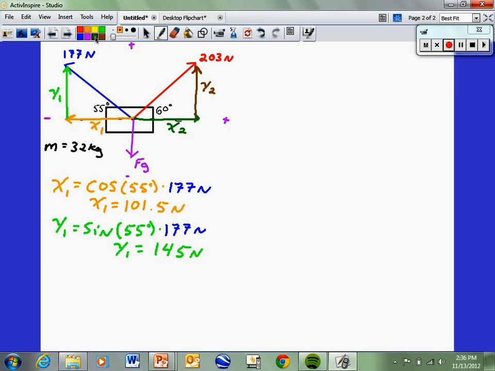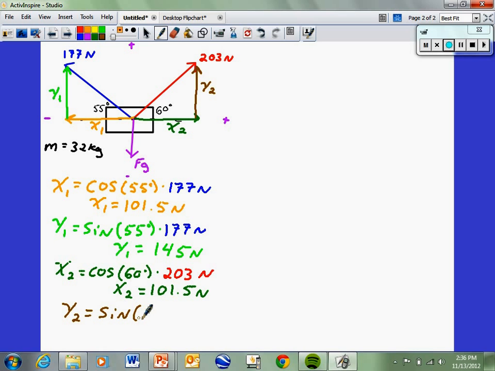x2 is the adjacent side of the triangle. So x2 is cosine. This time the angle is 60 degrees, and the hypotenuse is 203 newtons. When I plug that into my calculator, I get that x2 is 101.5 newtons. y2 is the opposite side, so that's going to be the sine of 60 degrees multiplied by the hypotenuse, which is 203 newtons.